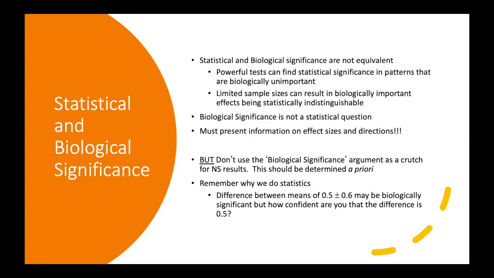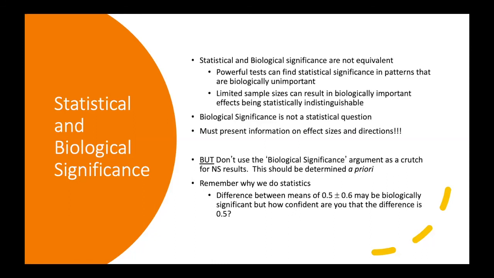It's possible that with a small study, we might detect a biologically important effect, even if this is not statistically significant. But it's important not to fall back on biological significance as some sort of crutch for non-statistically significant results. It's important to determine ahead of time what you would deem to be a biologically significant effect size or difference before we perform our statistics.